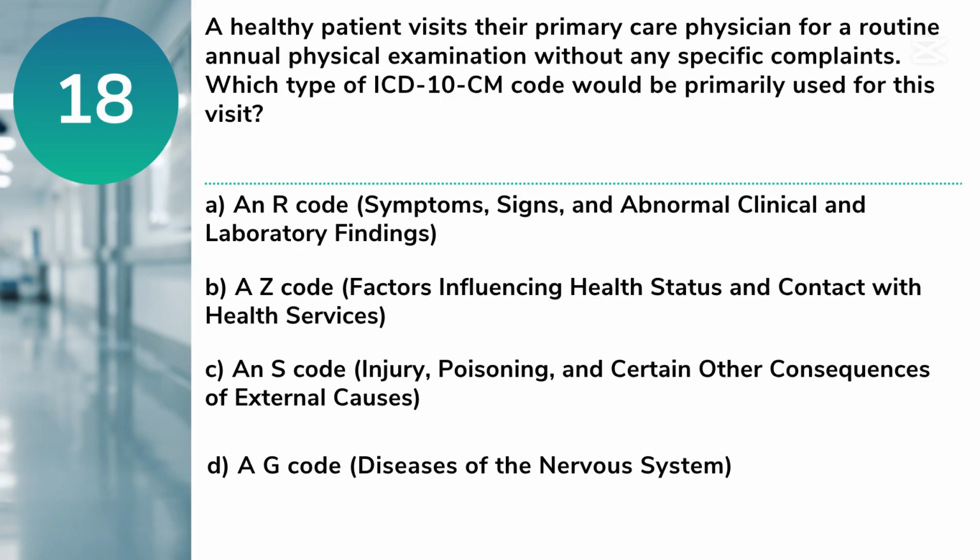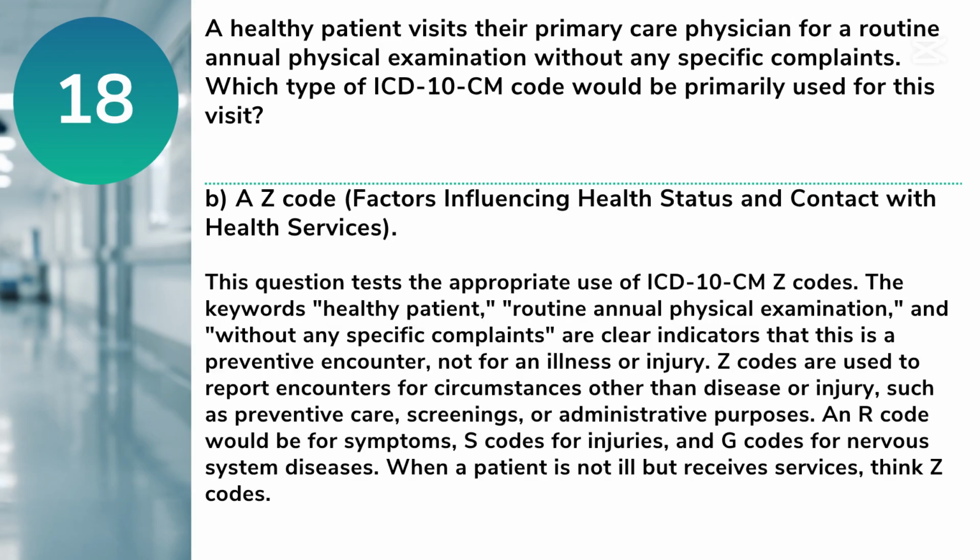B. A Z code, factors influencing health status and contact with health services. C. An S code, injury, poisoning, and certain other consequences of external causes. D. A G code, diseases of the nervous system. Answer: B. A Z code, factors influencing health status and contact with health services.